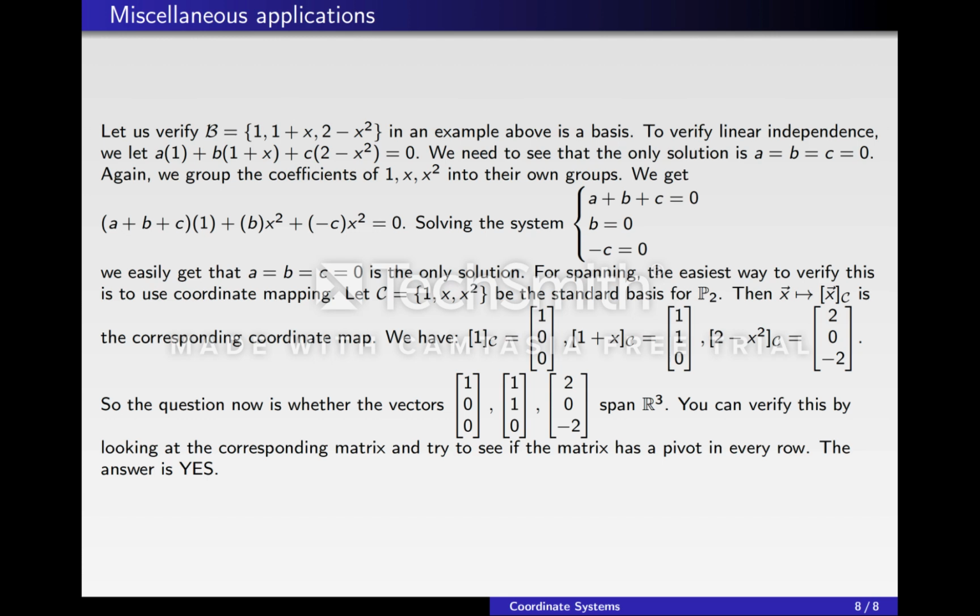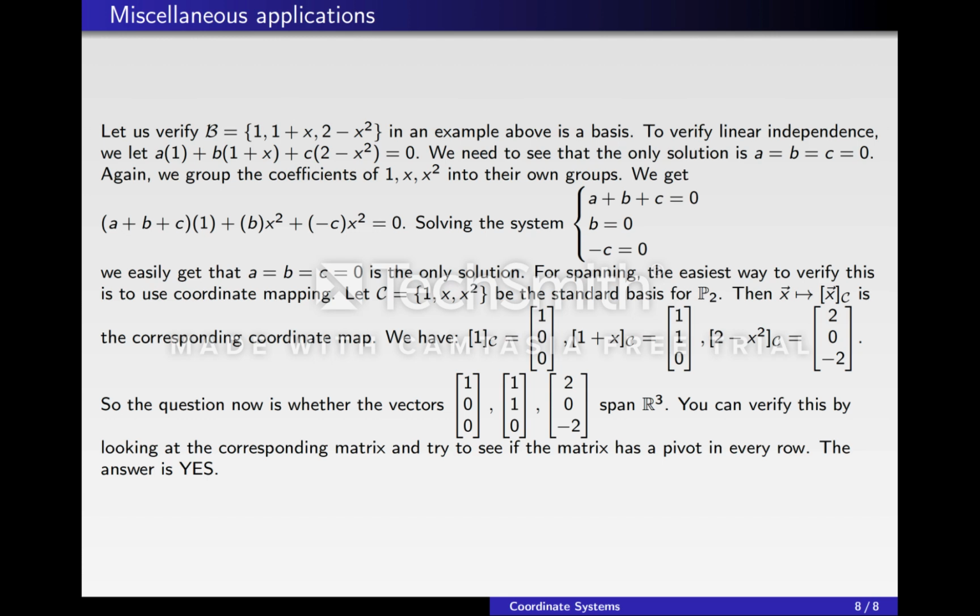Right, so take x to x sub C. If x was the 1 polynomial, then its coordinates are 1, 0, 0, because 1 is 1 times the 1 polynomial plus 0 times x plus 0 times x squared. And 1 plus x has coordinates 1, 1, 0. 2 minus x squared has coordinates 2, 0, minus 1.